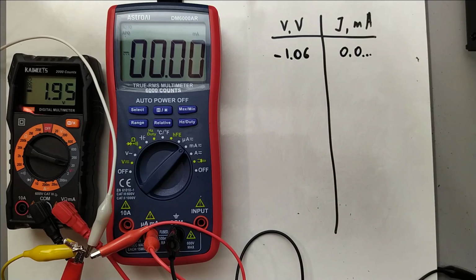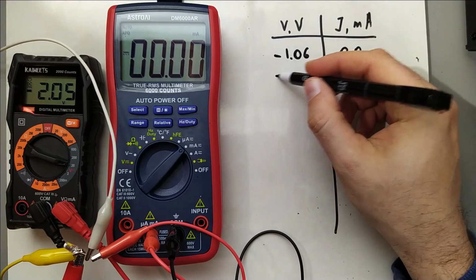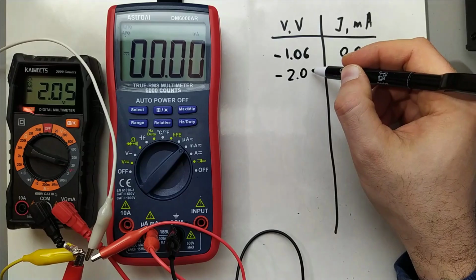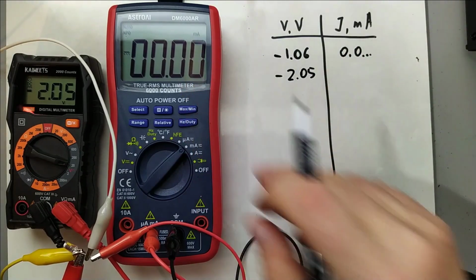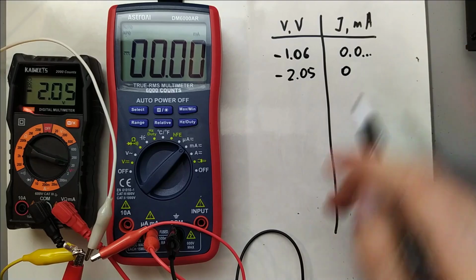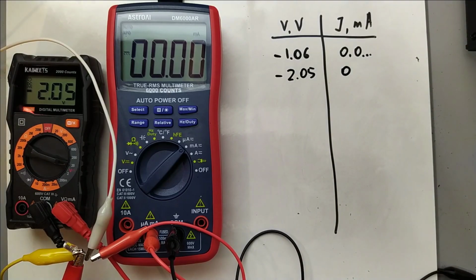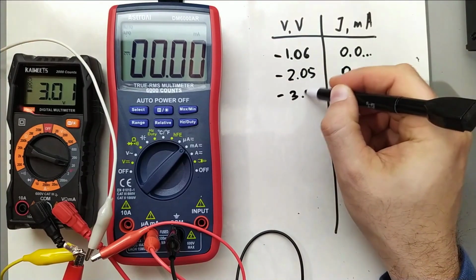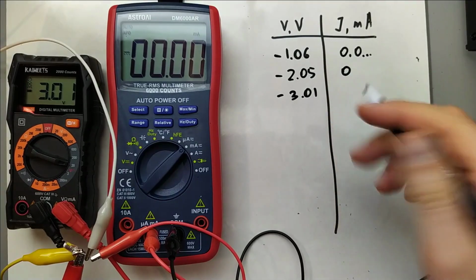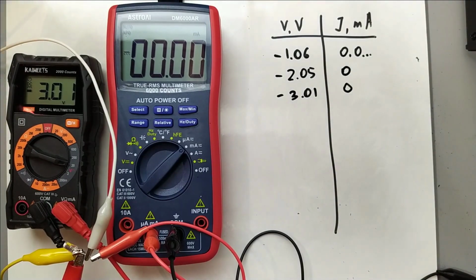Need to be careful when we apply reverse bias to LEDs because we can damage it. So now we have minus 2.05, and surprise, there is again 0 milliampere, no reverse current. Let us try minus 3 volts and see what will happen. Minus 3.01, again 0, there is no current.